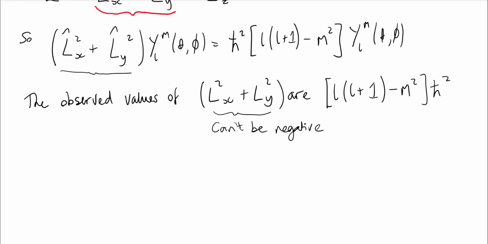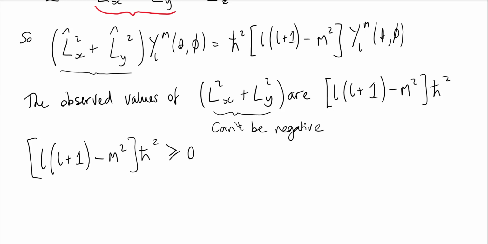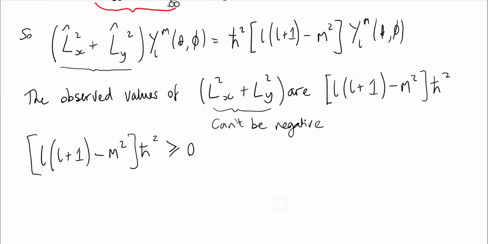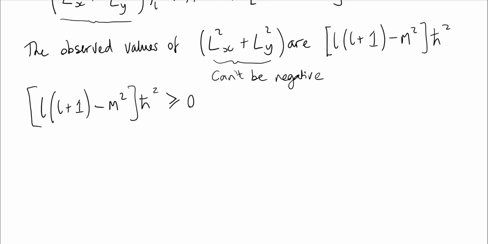So therefore, we can recognize that this expression, L times (L plus 1) minus m squared, multiplied by h bar squared, can't be negative because it's the sum of two squares, so we're going to say that it's greater than or equal to 0.